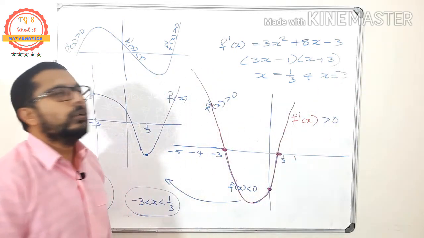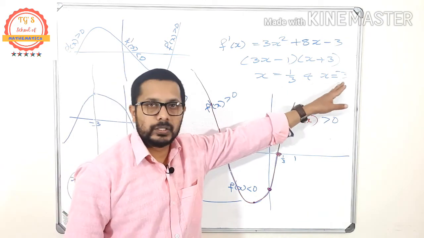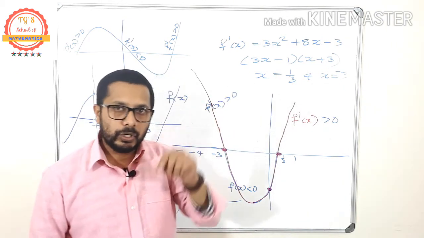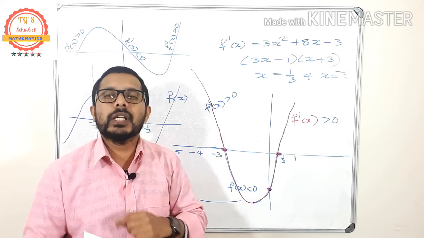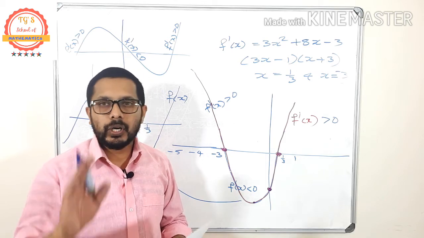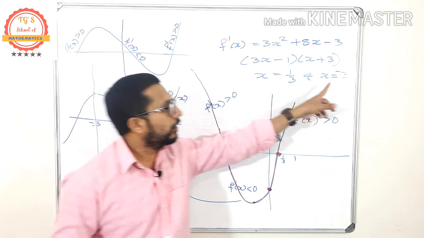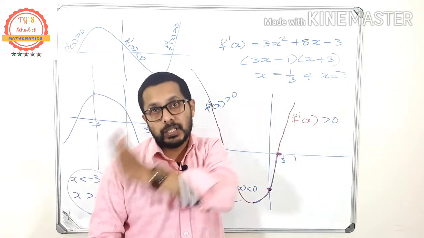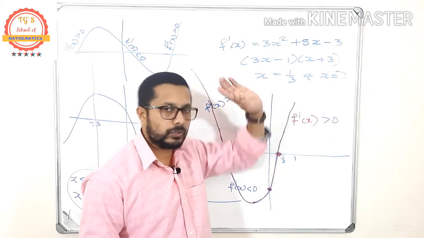Okay, once you get the values of x, 1 over 3 and minus 3, then you have to read the question. Determine the values of x for which f is strictly increasing. F is increasing means you have to take both sides. That means you have to check which one is on the left side. Here you can see minus 3 is on the left side and 1 over 3 is on the right side.